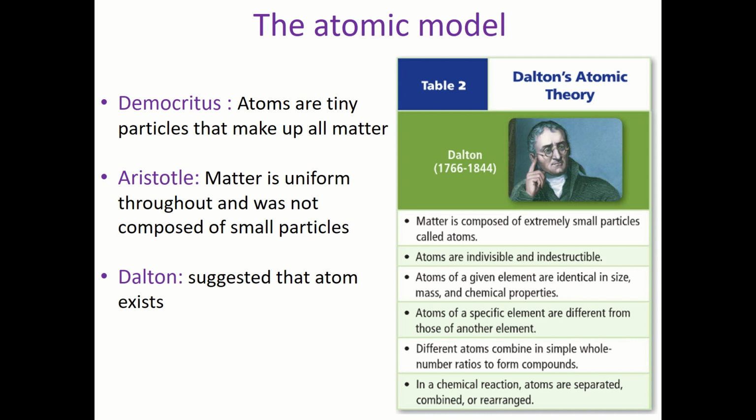For example, carbon-12 and carbon-14 are called isotopes. These are two atoms of carbon, but carbon-14 has a larger mass than carbon-12. So this assumption of Dalton was not correct, because atoms of the same element do not necessarily have the same size and mass. This is because of the isotopes.